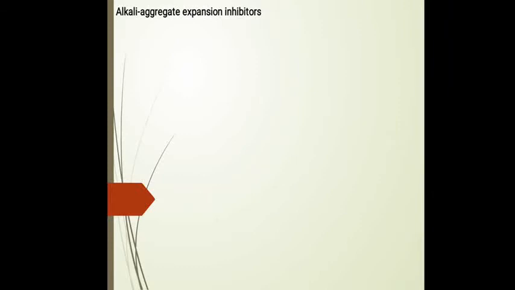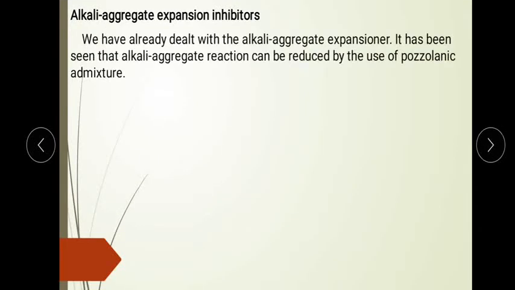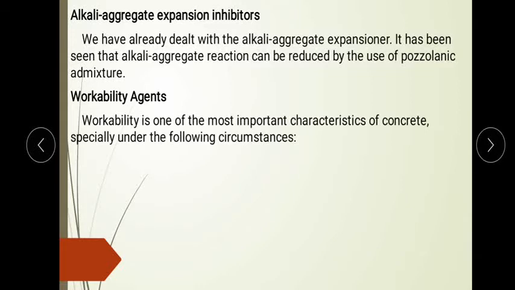The next one is alkali aggregate expansion inhibitors. In the previous session we discussed alkali aggregate reaction. To control that reaction, we have to use these ingredients as admixtures.